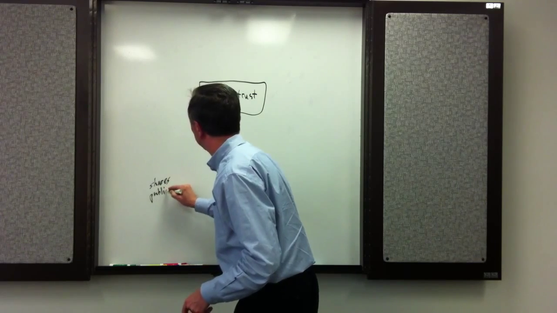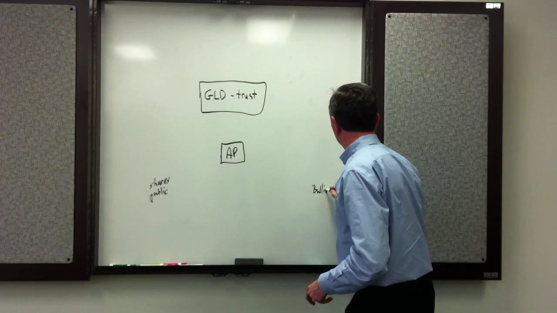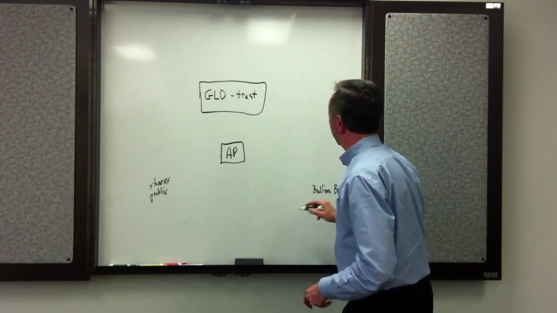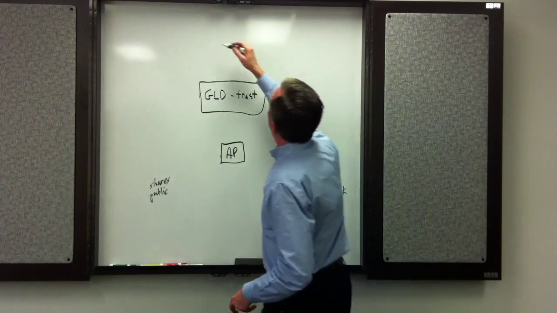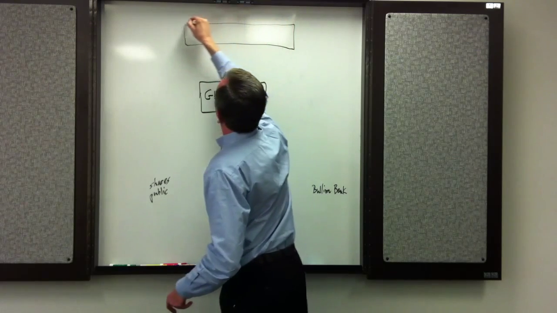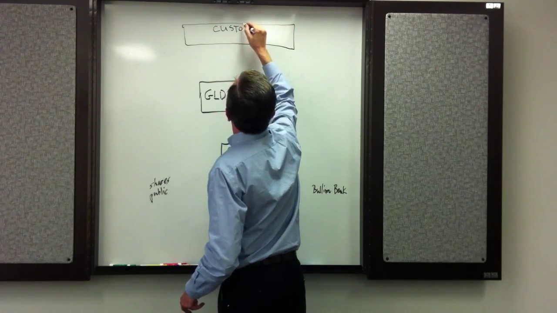Over here is a bullion bank where the authorized participant bought unallocated ounces from. And now up here we have the custodian, HSBC New York.